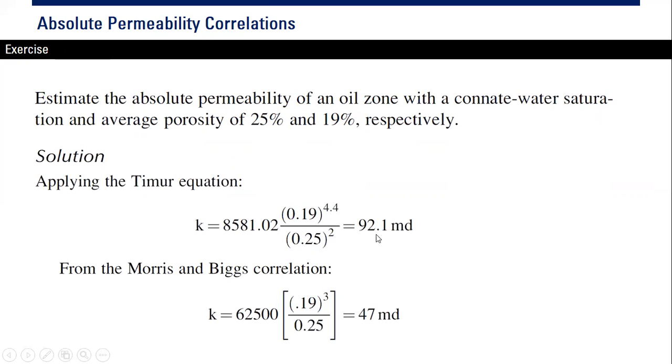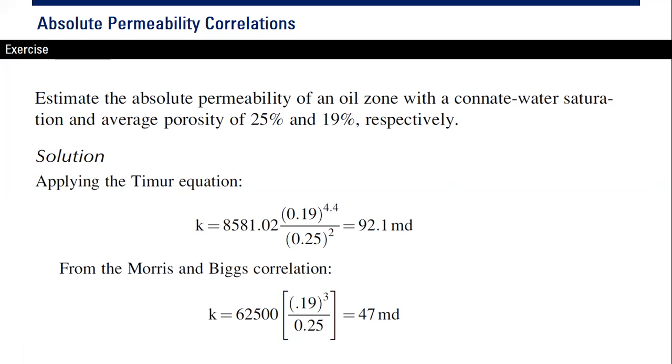And which value do we need to use? Usually I just do arithmetic averaging. So Timur permeability plus Morris and Biggs permeability divided by 2. So you just average the Timur and Morris and Biggs permeability to get the final average permeability. But it depends on the engineer. If you want to use Timur only, then you can use 92.1.